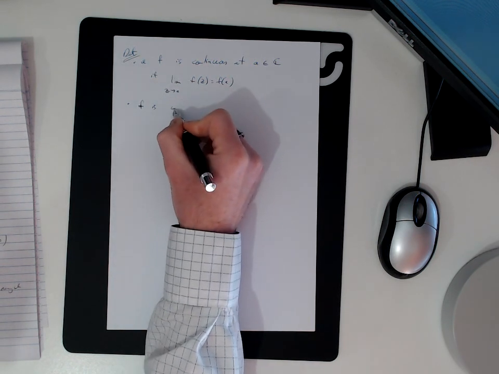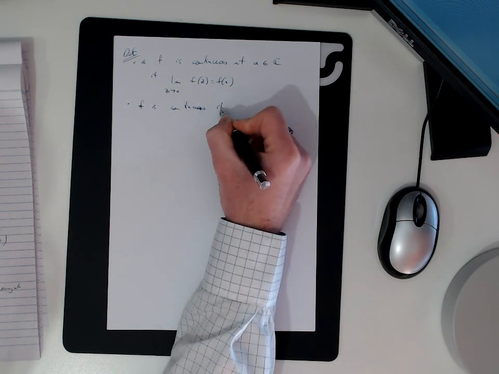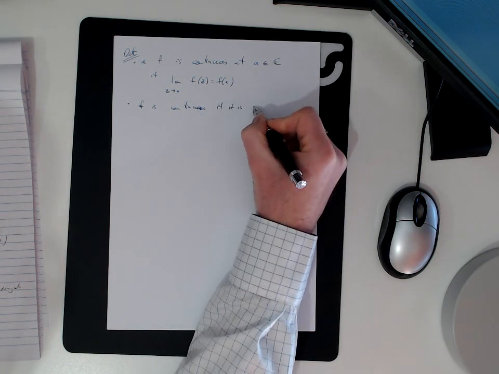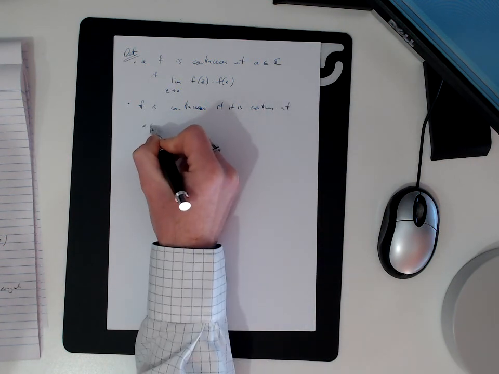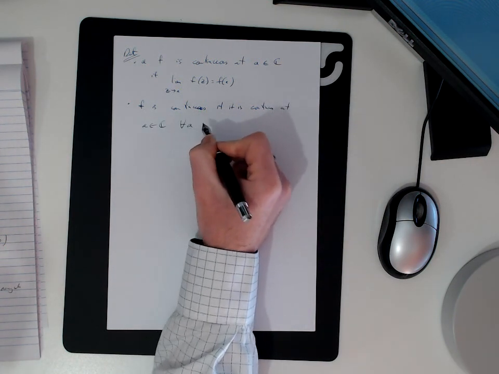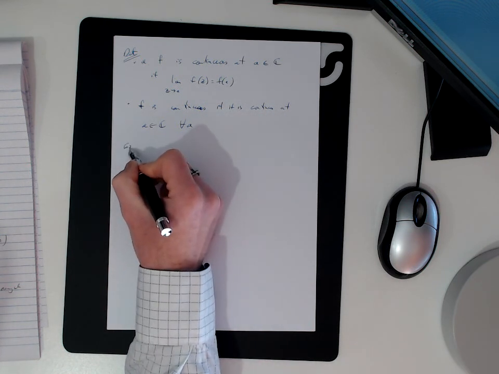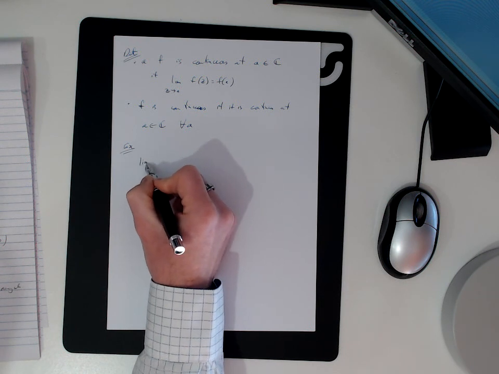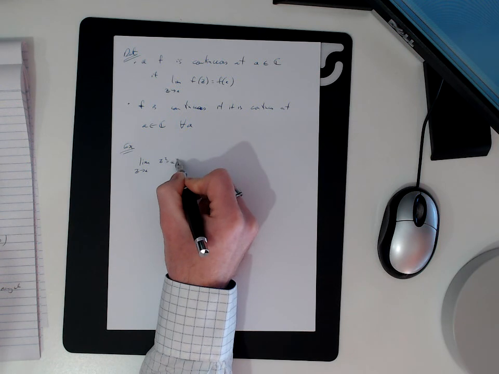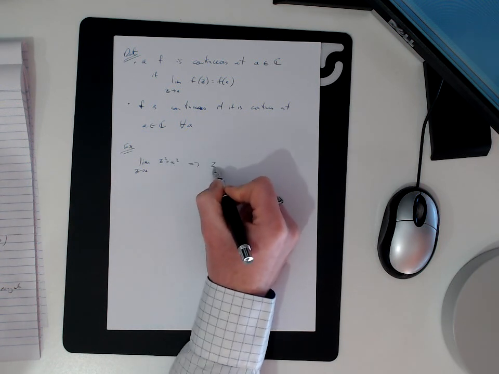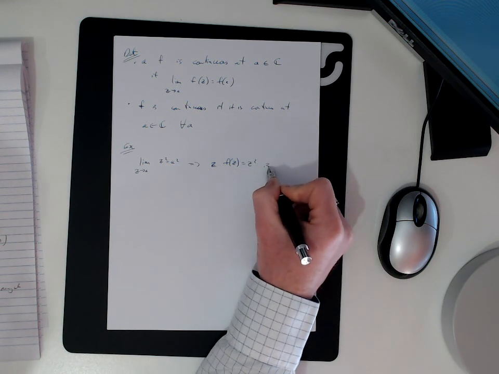F is continuous if it is continuous at a for all a in the complex numbers. Example. Do you remember I showed that the limit as z goes to a of z squared is equal to a squared? That implies that the function that takes z and spits out z squared is continuous.